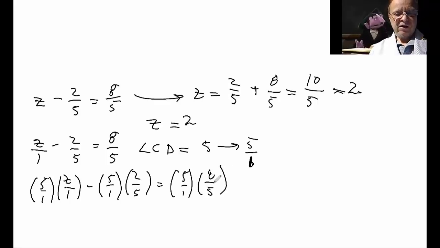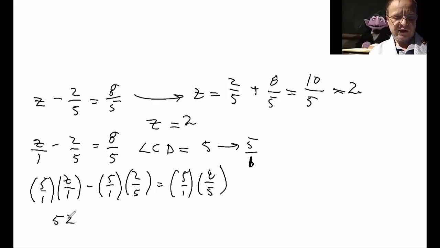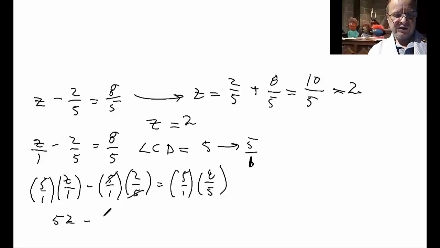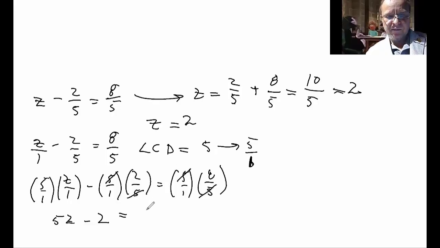And then I see that here, okay, 5z minus, well, the 5's cancel out here. So that means I'll just get a 2 here. And here I get the 5's to cancel out, and that means I get an 8 here.